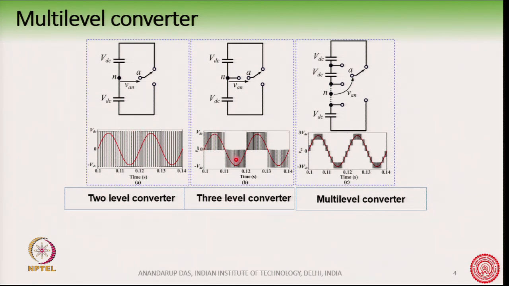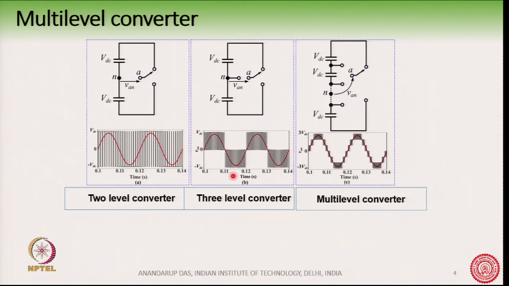It is quite obvious by observing the waveform that now when the sine wave is positive, we are switching between 0 and VDC, whereas when the sine wave is negative, we are switching between 0 and minus VDC. It was not happening here. So, the instantaneous error is less for this waveform here.